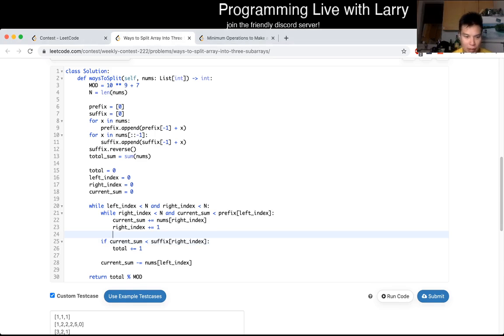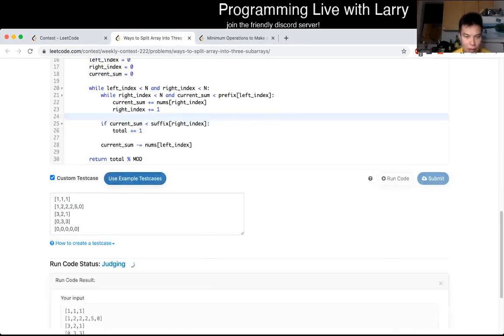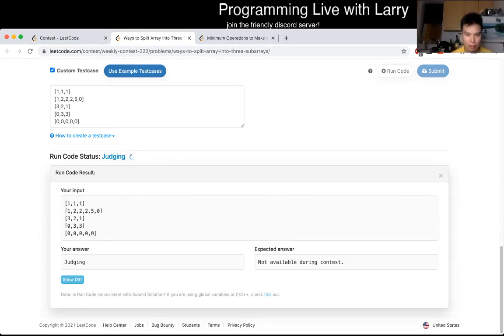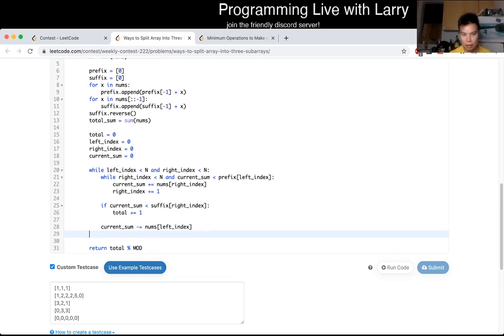I don't think this is right, but I just wanted to see if I have any issues. Oh, like that one, for example.